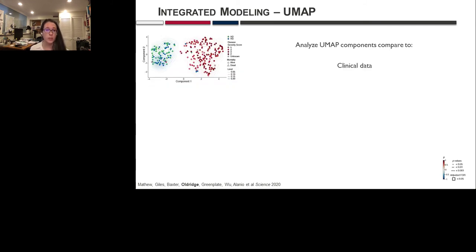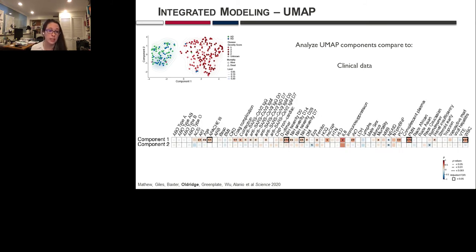So now let's compare component 1 and component 2 to the other features in our clinical data. So again, we're using the strategy of Spearman correlation paired with the appropriate statistical test. So what you can see on the top is that component 1 is significantly associated with the NIH severity score both at day 0 and day 7.